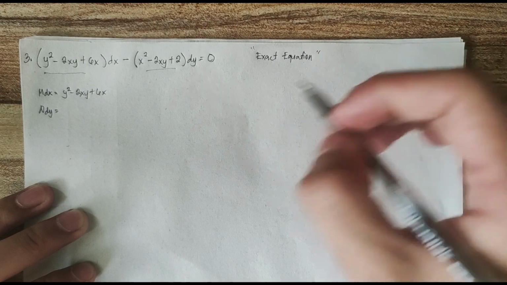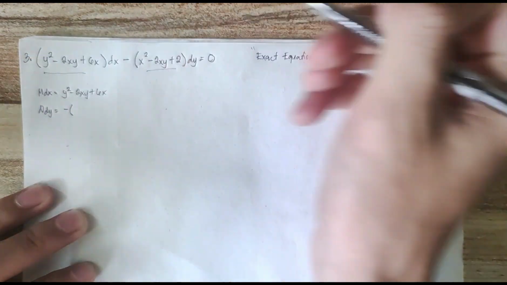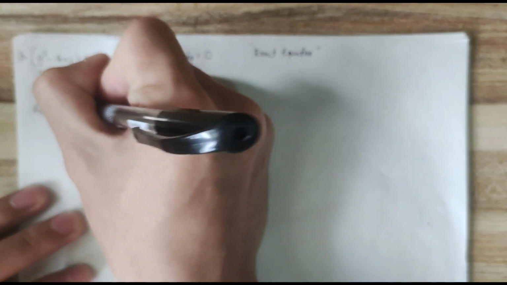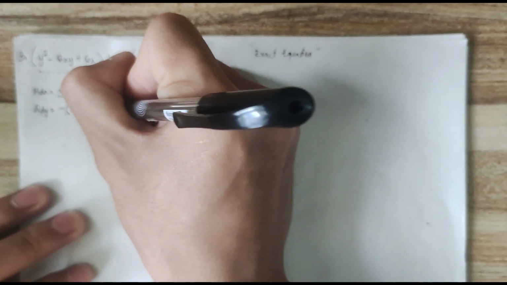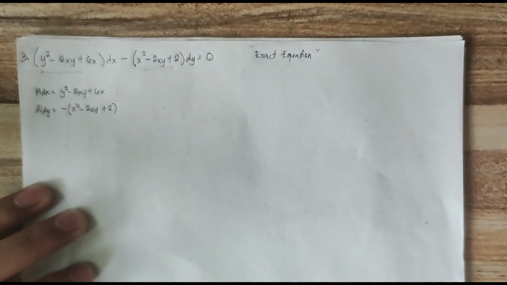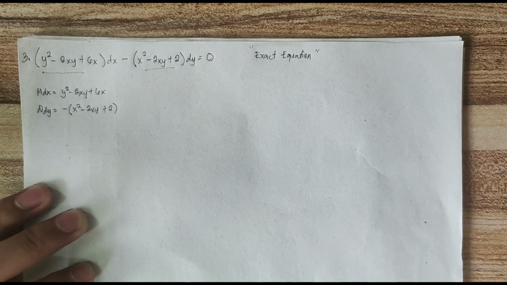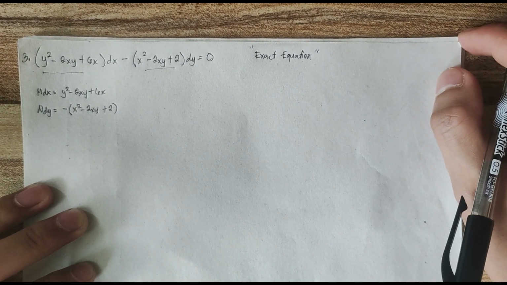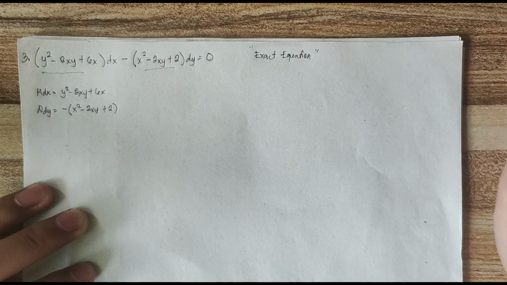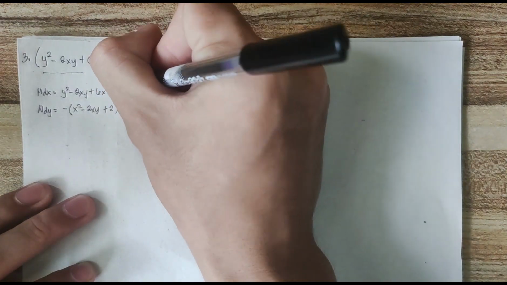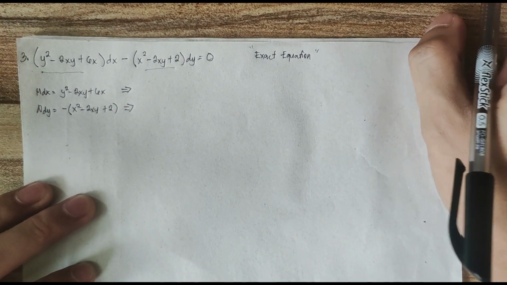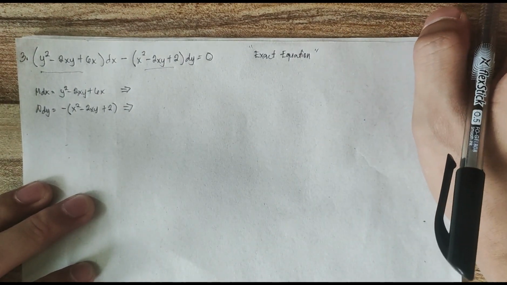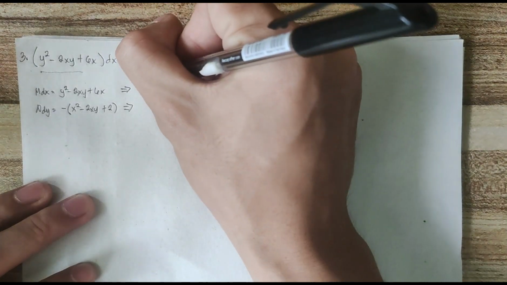And for our N dy, we have here negative quantity of x squared minus 2xy plus 2.